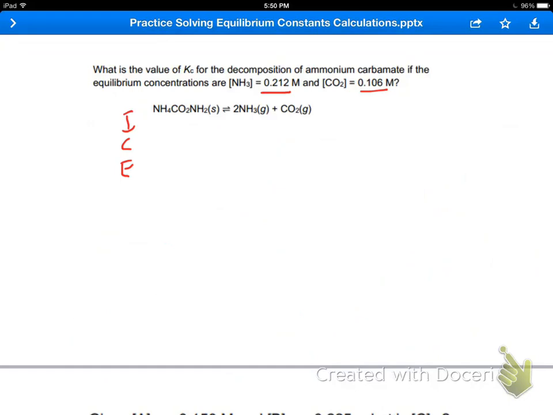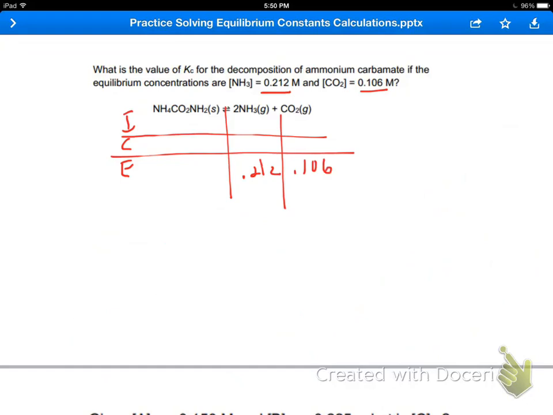My equilibrium concentrations are 0.212 and 0.106. Now I'm going to assume I start with no product, and that I gain 2x of this, and I gain x of this.